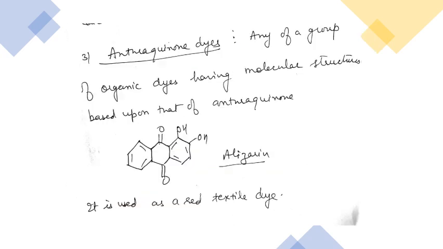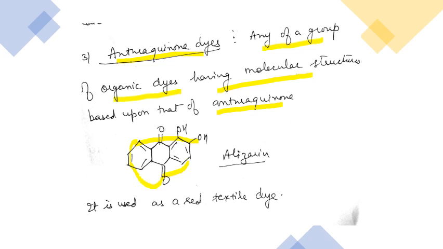The third category of this class is anthraquinone dyes. It is also an important class to understand on the basis of this classification. These are any of the group of organic dyes having a molecular structure based on anthraquinone. Anthraquinone has three rings: benzene, with the middle one having the quinoid form, double bond O, double bond O. This is the anthraquinone structure.